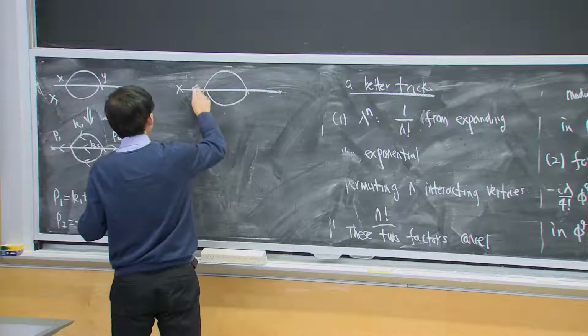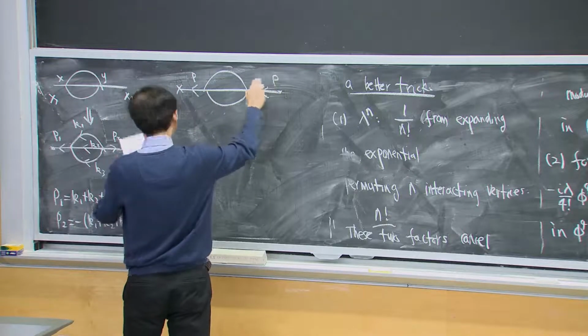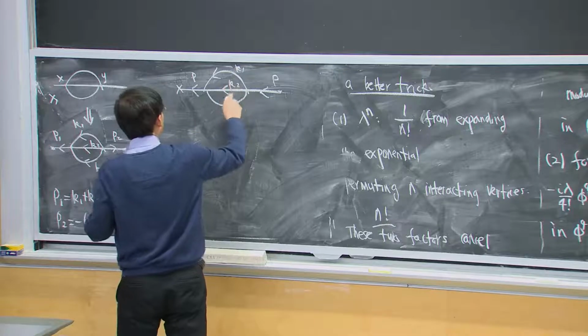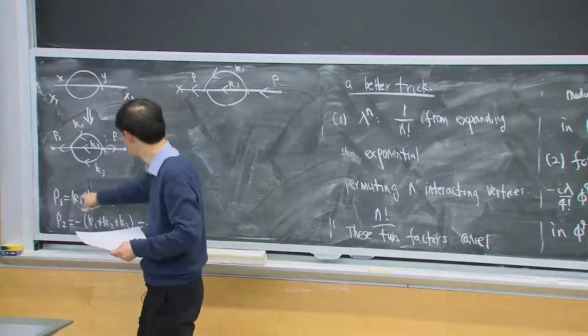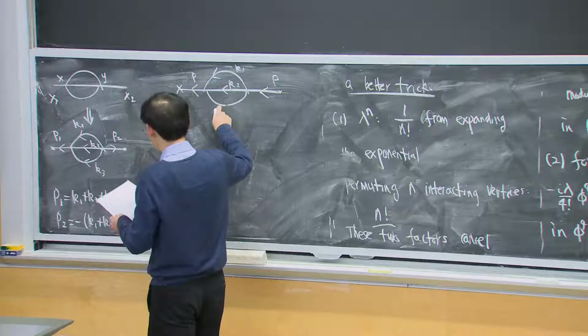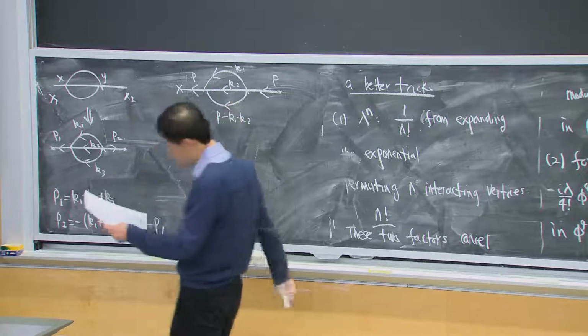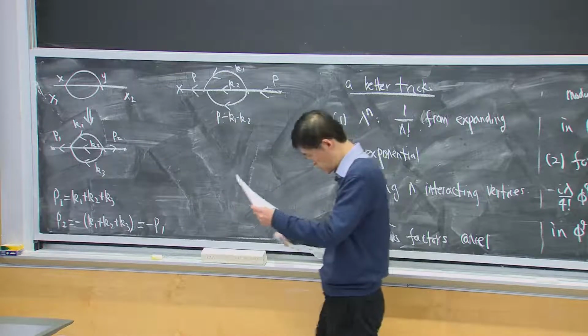Here is p. Let's call this k1, k2, and then k3 can be solved in terms of k1, k2. So this is just p minus k1 minus k2.